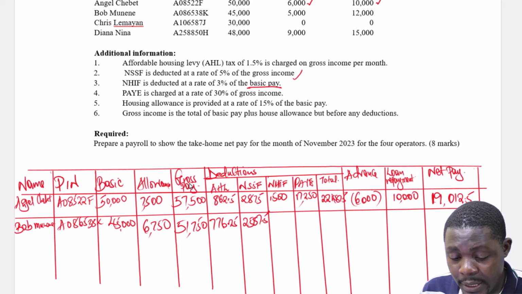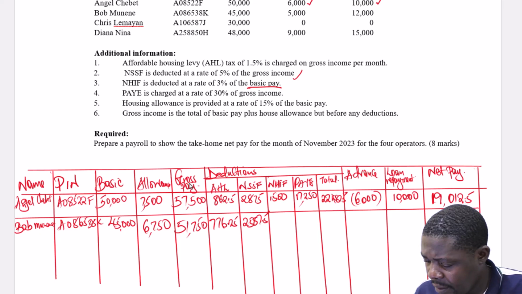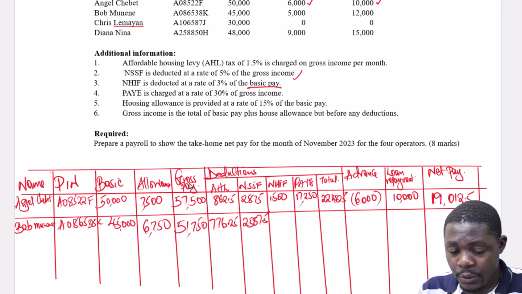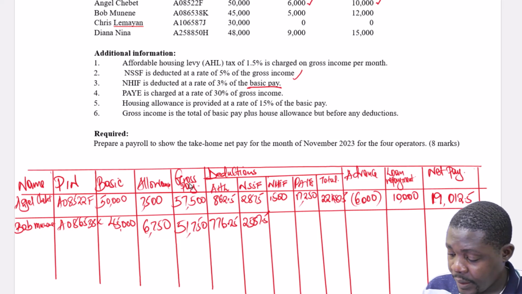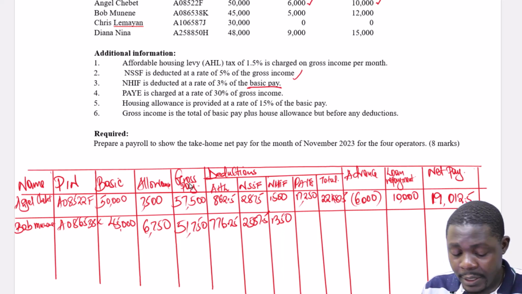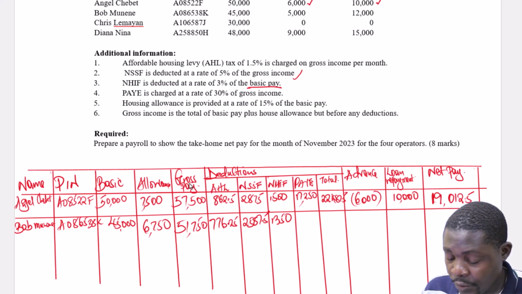No, it is 0.03 multiplied by the basic pay, which was 45,000. He is paying 1,350. Then PAYE 0.3. We are multiplying by 51,750, that's calculated on the gross.